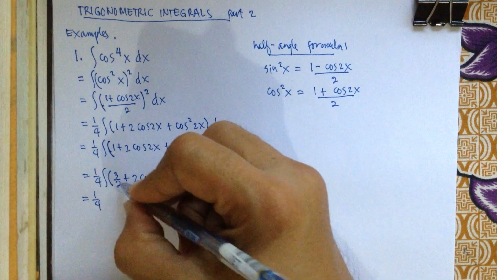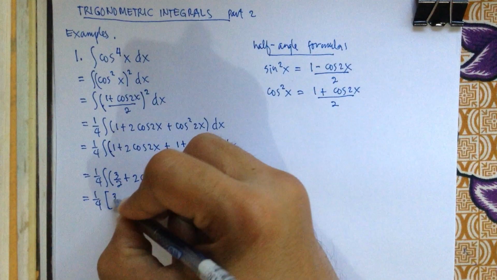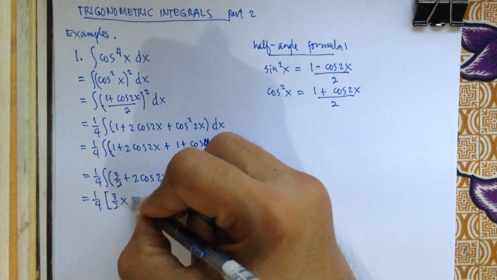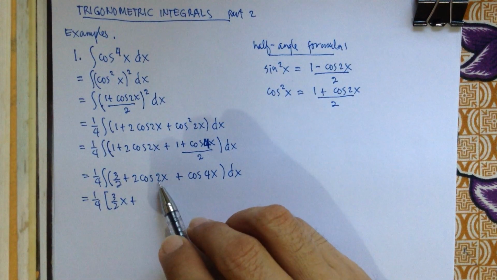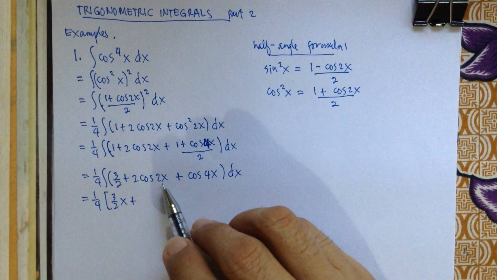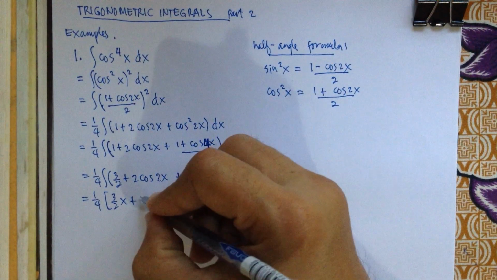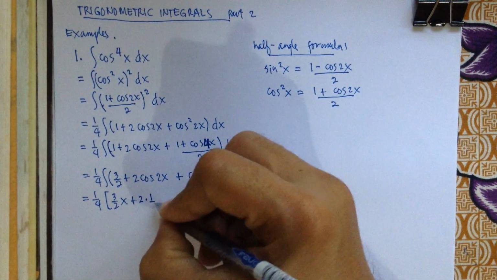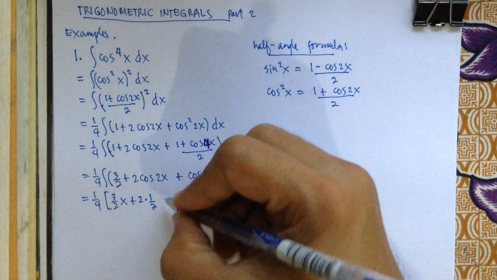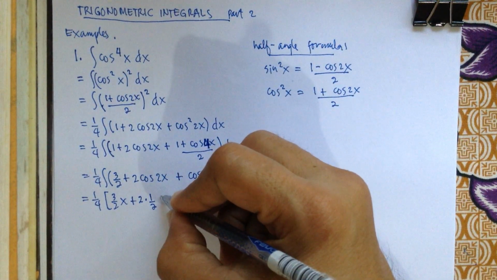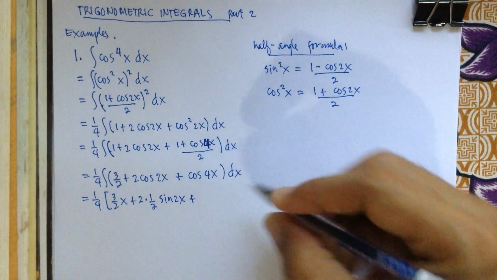So 1/4 integral of 3/2 dx is of course 3/2 x plus, now this will serve as your u, no? So the du must be present. The du is 2 dx. You need to have 1/2, okay? And the integral of cosine 2x dx is equal to sine 2x.